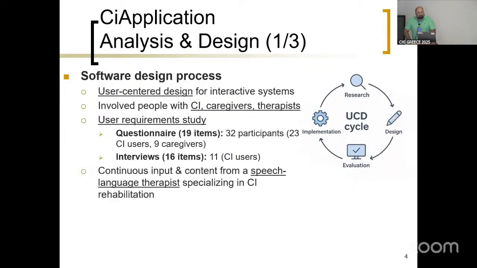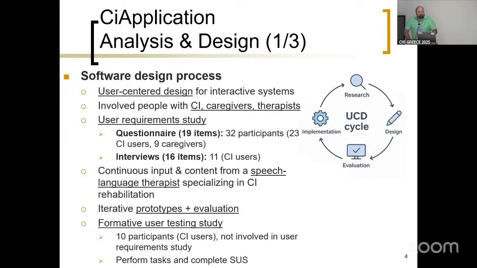We also had people involved, especially speech and language therapists specializing in CI rehabilitation, in the whole process to help us with ideas, design things, etc. We did iterative prototyping and evaluation in an informal way, mainly, with a few users each time.